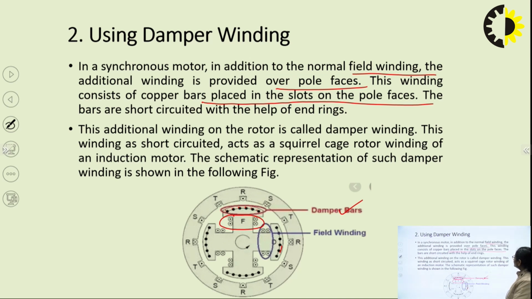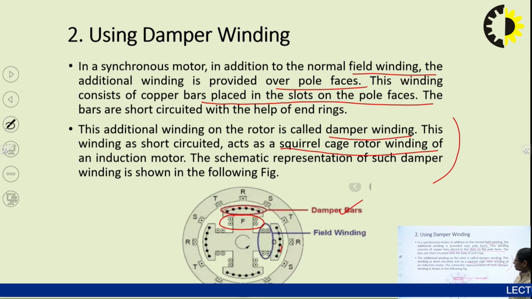These copper bars are short circuited with the help of end rings towards both sides of the rotor of the machine, right? This additional winding on the rotor is called the damper winding. As I just told you, this winding is short circuited and it acts just like the squirrel cage rotor winding of an induction motor. The schematic representation is shown over here.